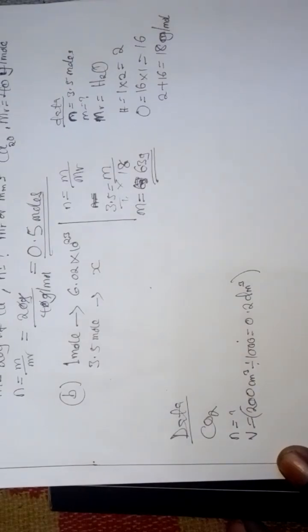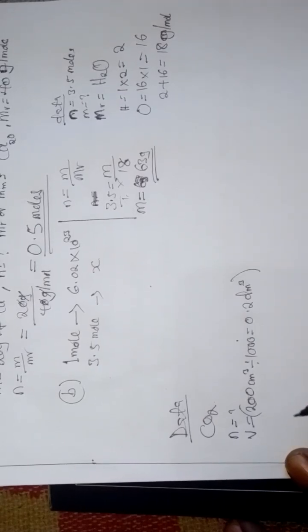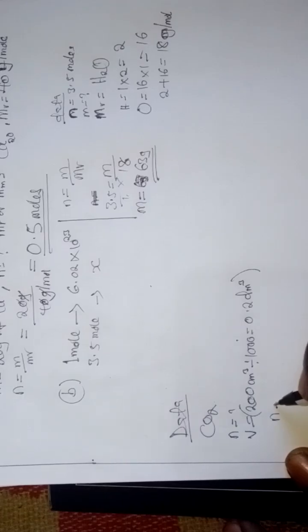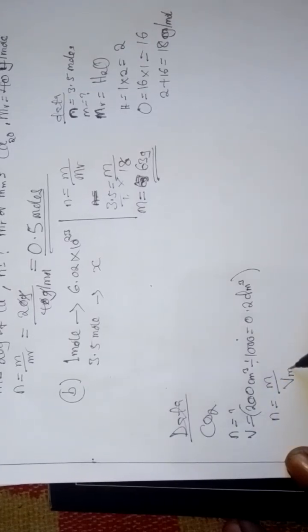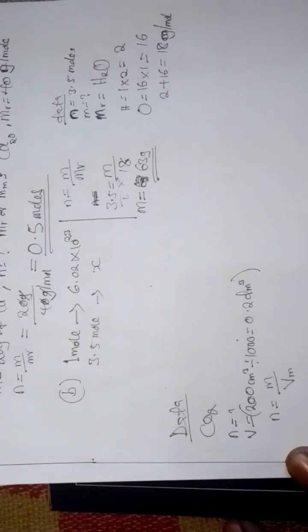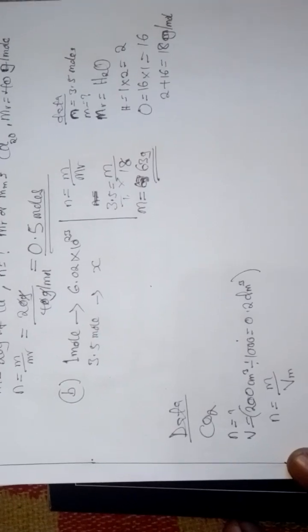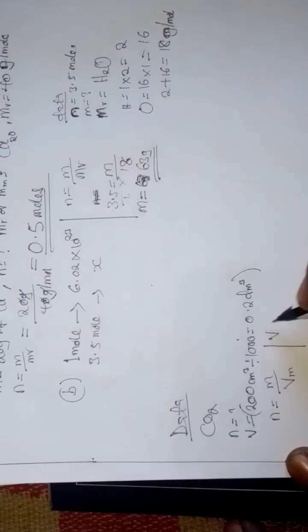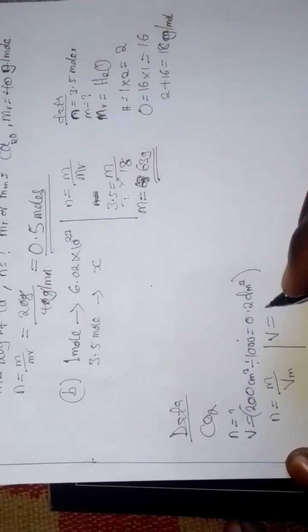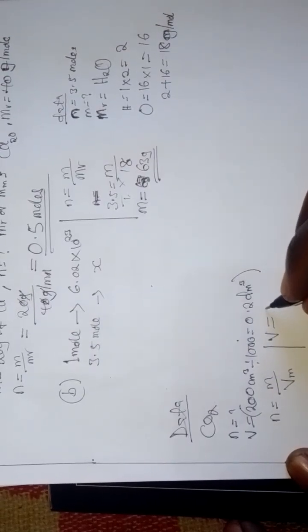There is a formula, number of moles is equal to mass over molar mass, and another formula, volume is equal to number of moles over molar volume.